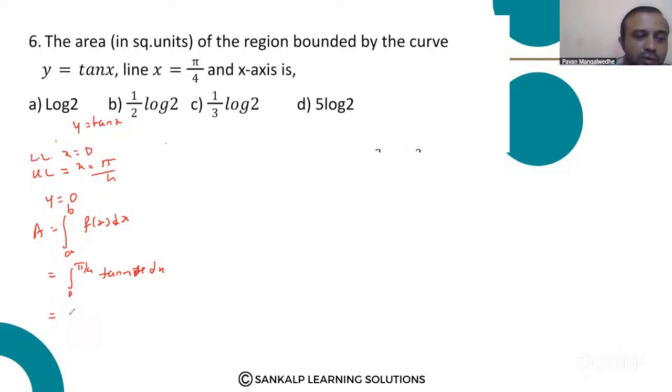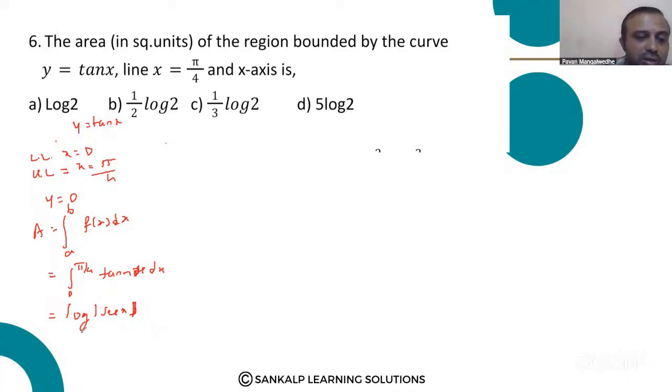Evaluating with the help of standard integrals, tan x dx is nothing but log of mod of sec x, because log is the natural logarithm in integration.